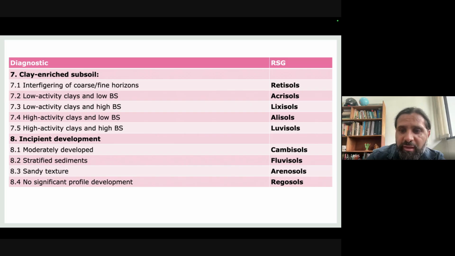Stratified sediments, soils formed by, for example, alluvial sediments, the Fluvisols. We have soils with a sandy texture and very low development of diagnostic horizons, Arenosols. And the last one, a soil with no significant profile development, the Regosols. So these are the 32 reference soil groups that we register.